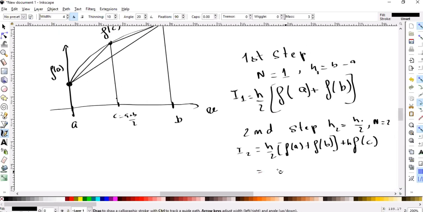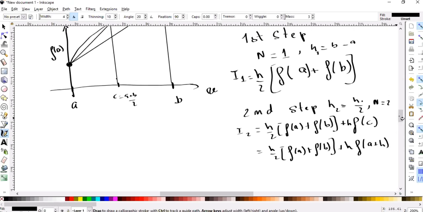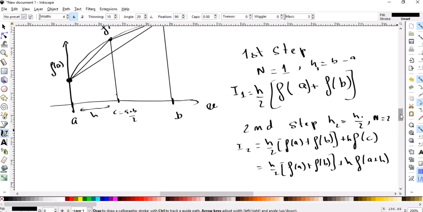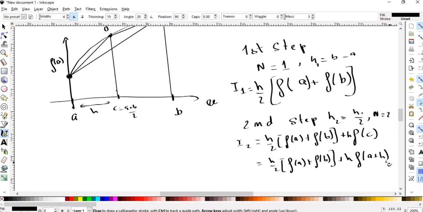So it's H over 2 times f of A plus f of B, plus H f of C. This is H2 to be more precise.